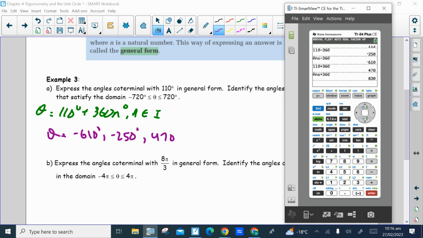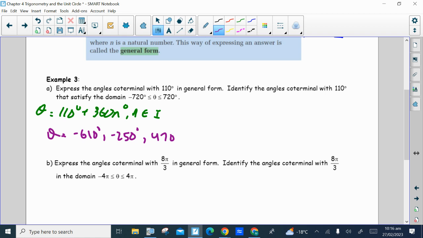That angle is greater than positive 720, so we'd stop at positive 470. So there are only three angles coterminal with 110 between negative 720 and positive 720. We would not use 110 because it's not coterminal with 110, it is 110. To get a coterminal angle, you have to do a rotation around the circle.